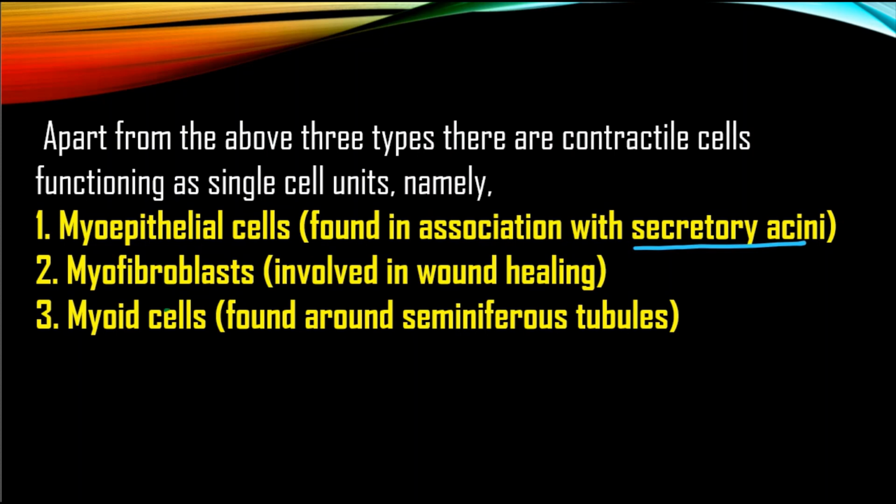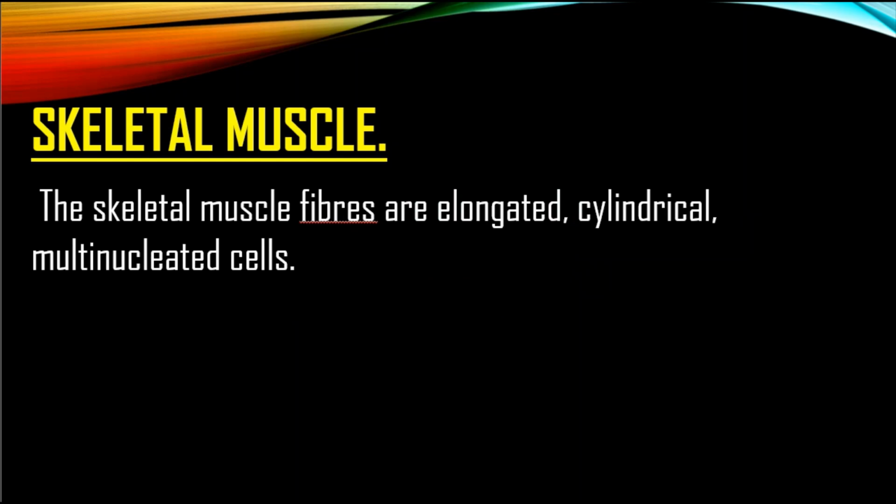We've got the myofibroblasts, which are involved in wound healing. When we were doing wound healing in physiology, we looked at the myofibroblast. And we've got the myoid cells. These are found around the seminiferous tubules in the testis, where spermatogenesis takes place.